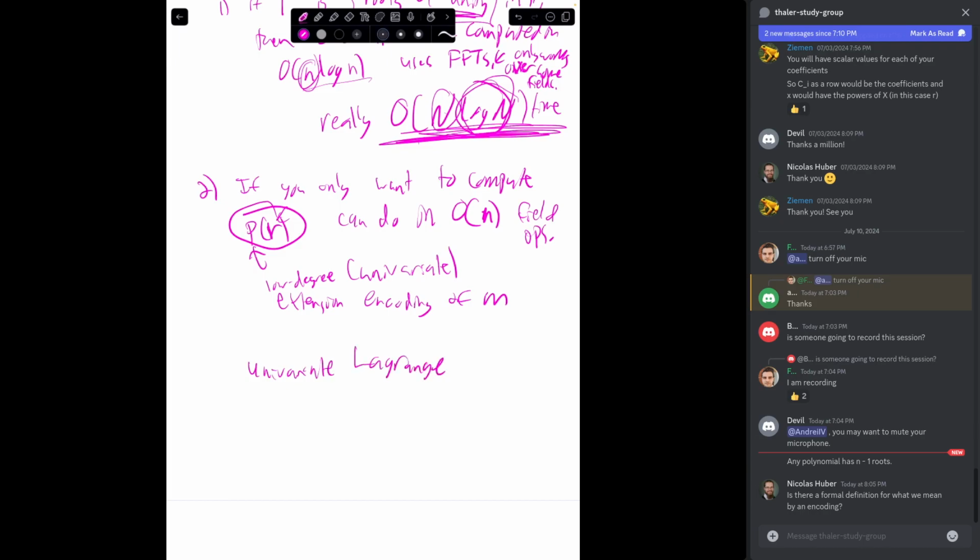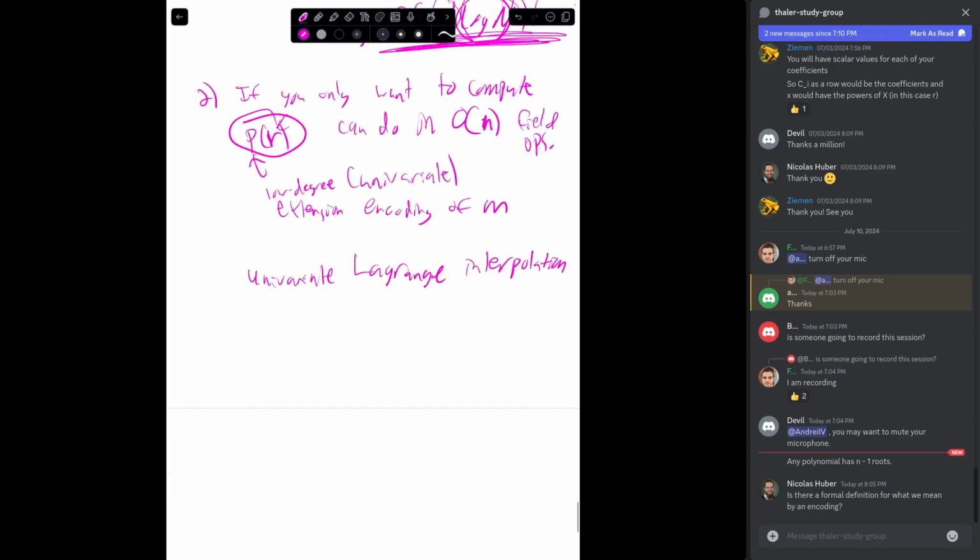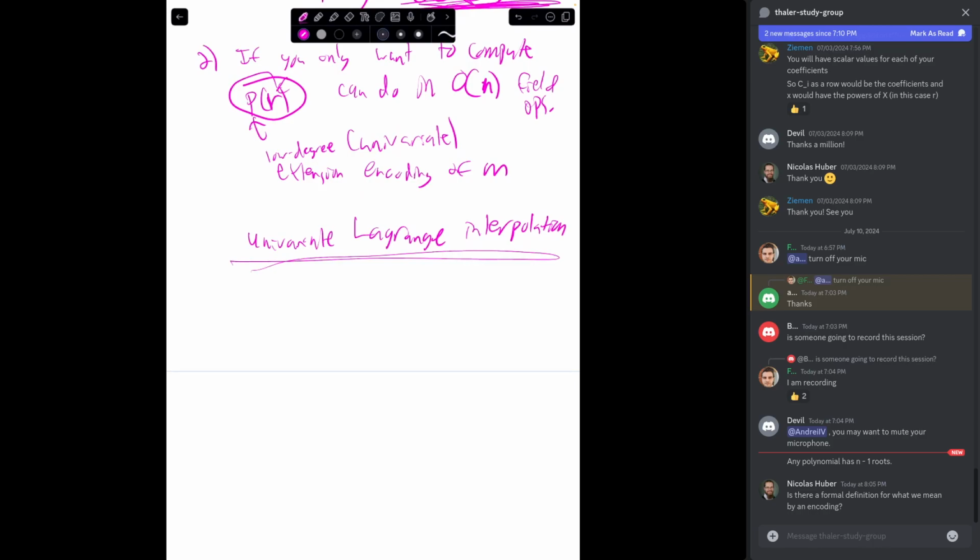Okay, this is what I wanted to talk about today, but then took way too long, and we're not going to get to it, but I'll discuss it next week. I'll just tell you what this is. Univariate Lagrange interpolation is the task of going from a message listing little n evaluations of P over whatever interpolating set you care about. And for this, it doesn't matter that the interpolating set be roots of unity or anything.